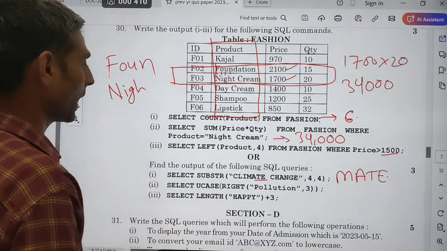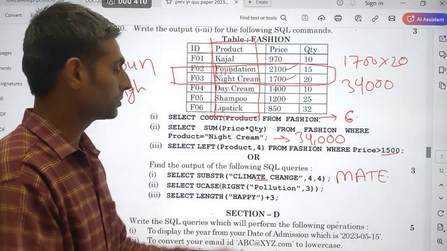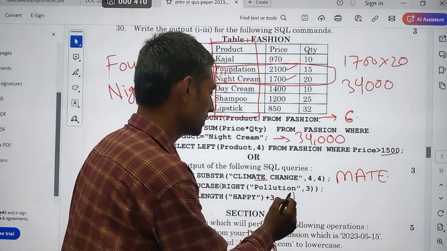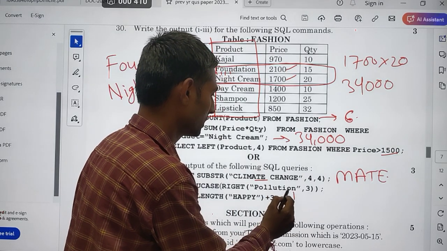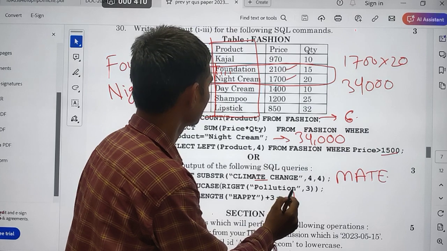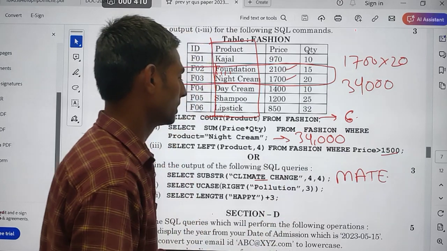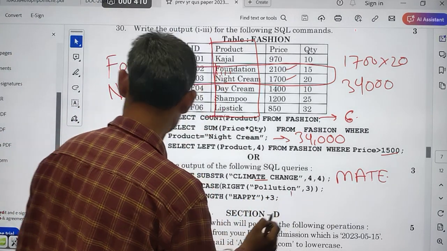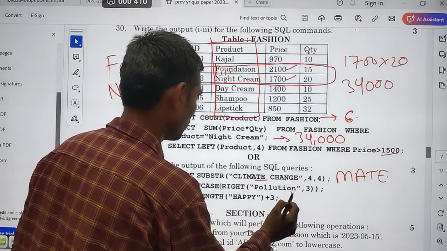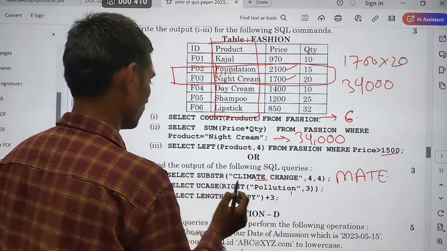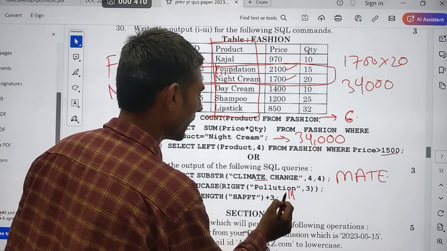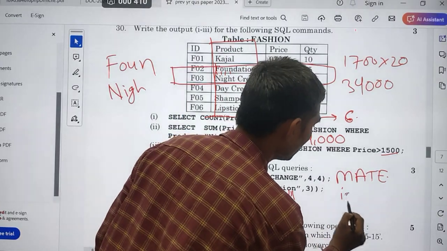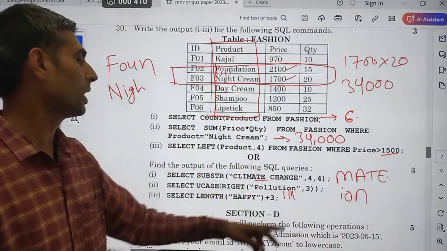From this word it will count from the right side: first, second and third. So from the right side it will be ION. From the right side it will be ION.